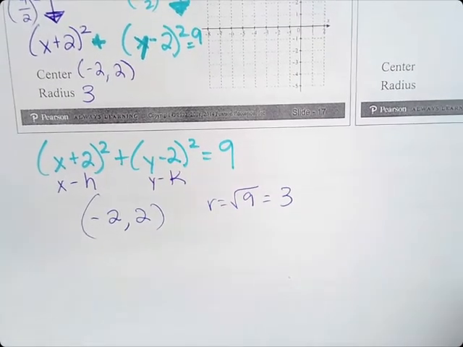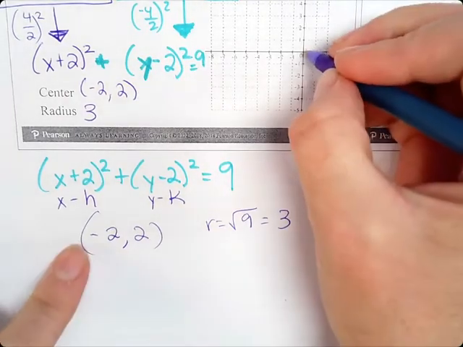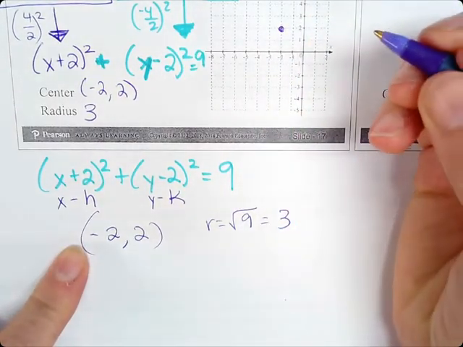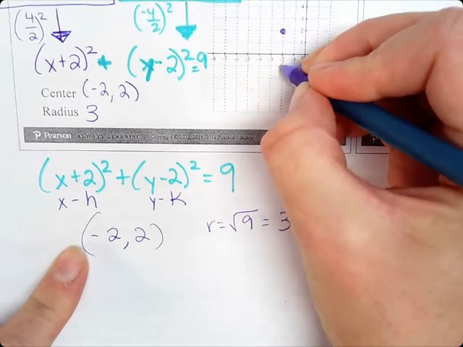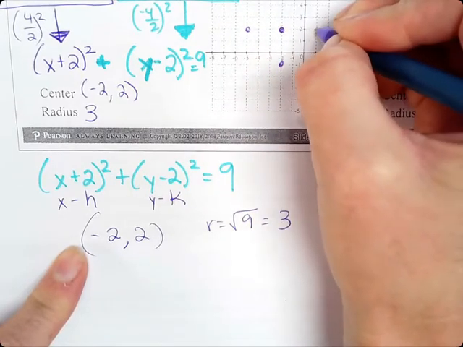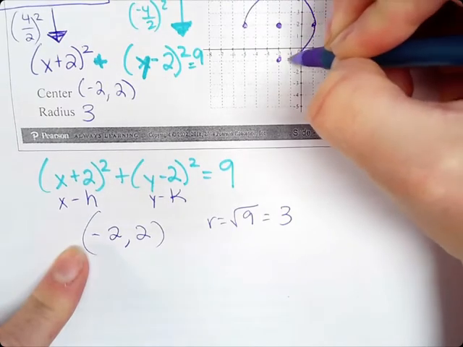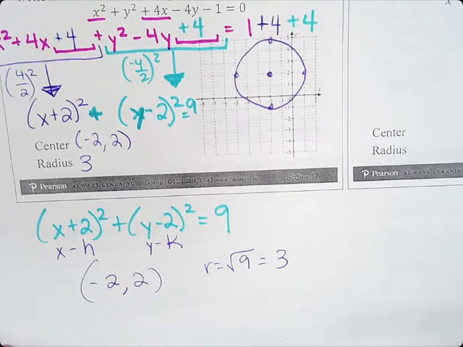So now we can graph it. So negative 2, positive 2 is our center, and we need to go 3 units in all directions. And then make your circle.